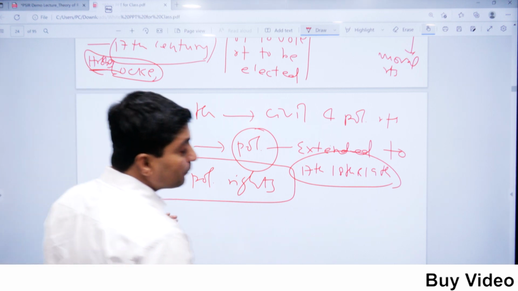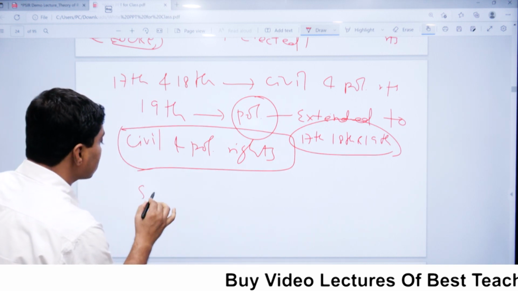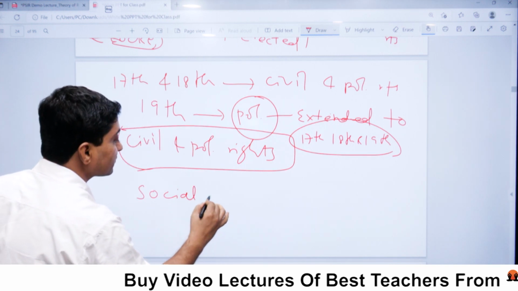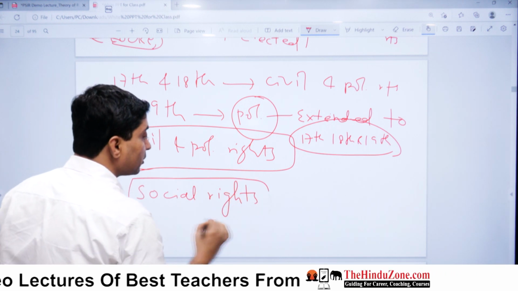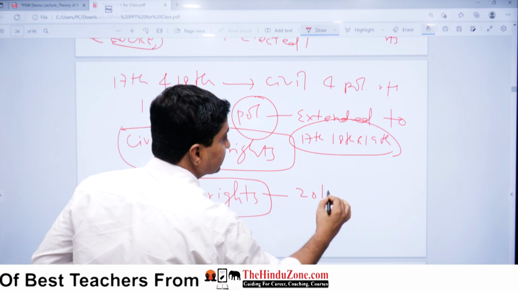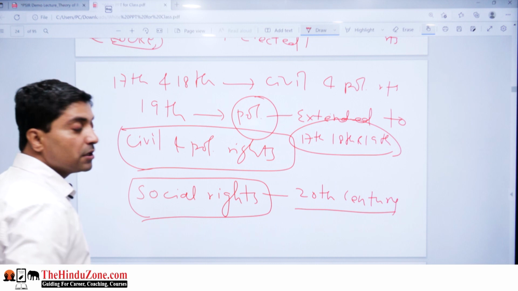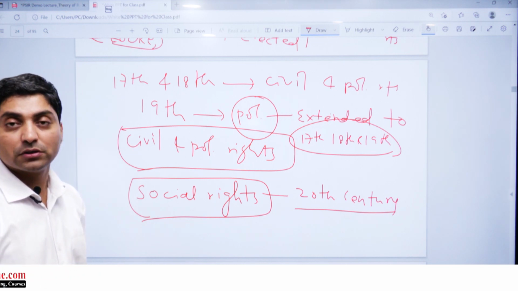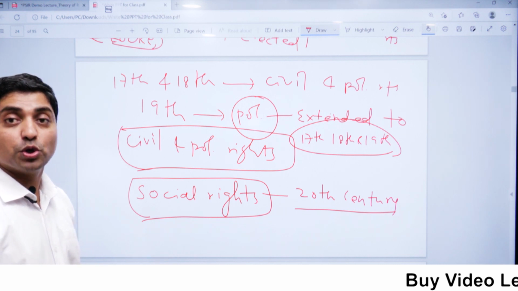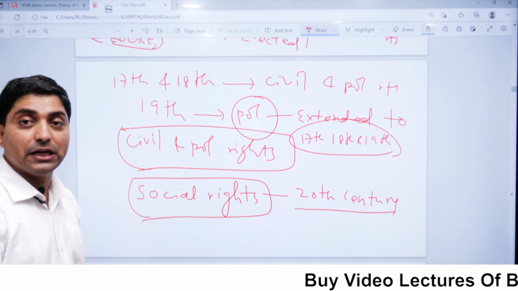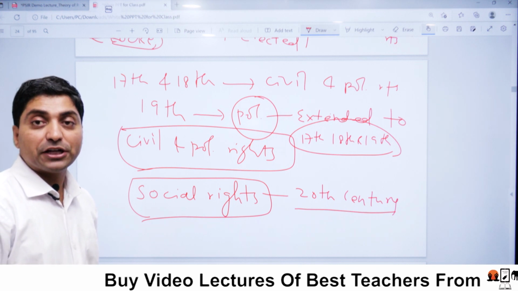Now if you look at the 20th century, you can see social rights. What are social rights? Social rights evolved in the 20th century out of the socialist revolution, the socio-economic rights of the people, like right to shelter, right to a job, employment, right to food.